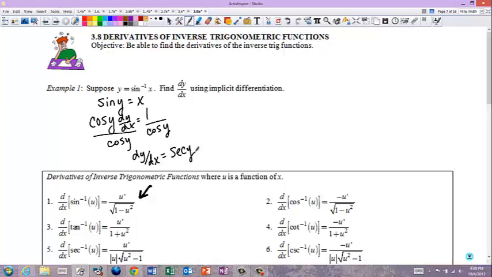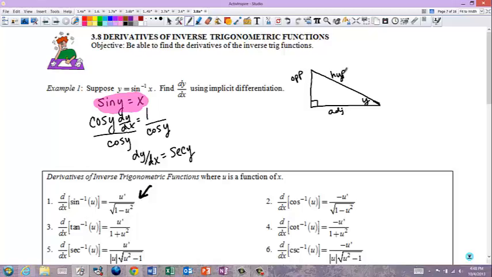Well, how does that help us? Let's go back to sine of y equals x. If you remember from last year, if we look at a triangle, sine of y is my angle, with opposite, adjacent, and hypotenuse.